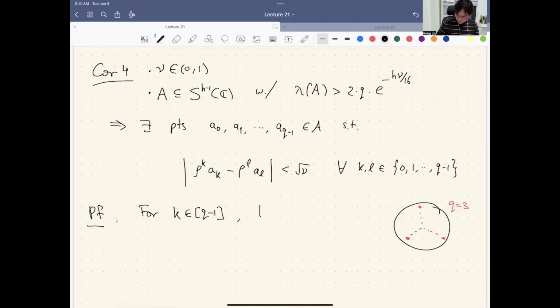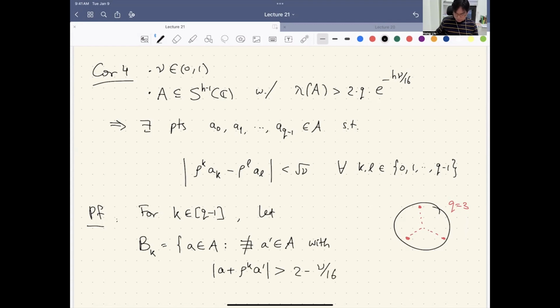Let this bad set B_k be those points a in A such that there's no a prime in A with the norm of a plus rho^k a prime bigger than 2 minus nu over 16.